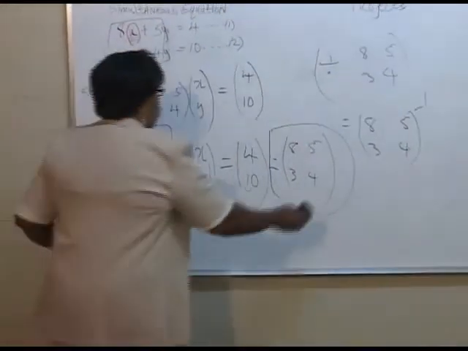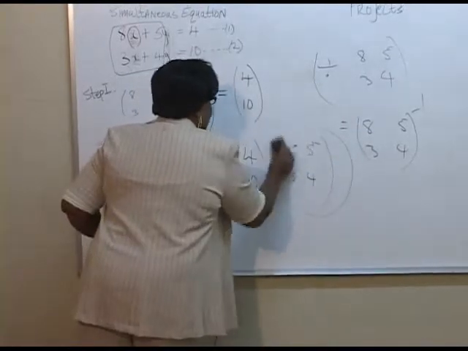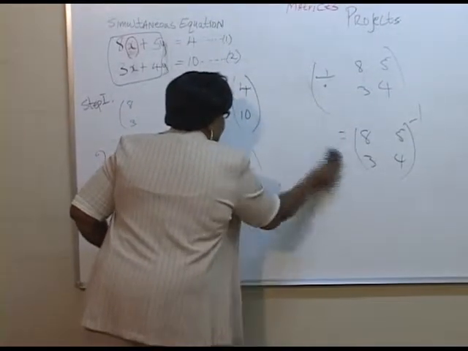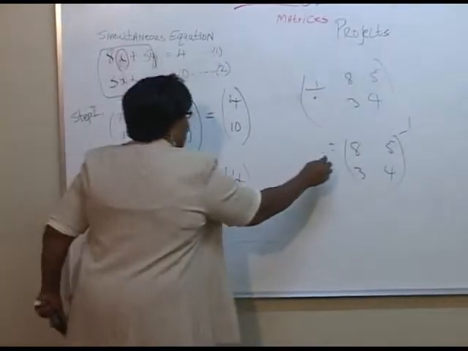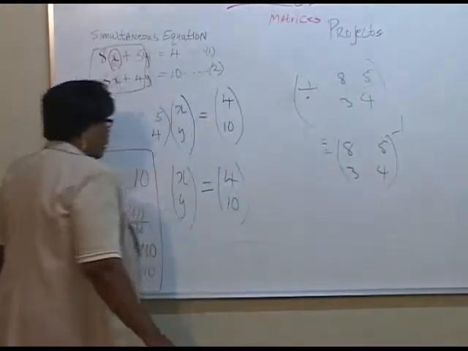But there is no mathematical formation like this, so it is not written like that. It is represented as the inverse of the matrix. In that form, the inverse is written first.